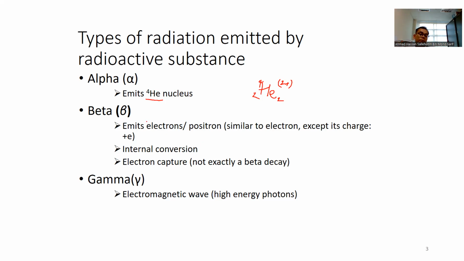Beta decay can emit an electron or a positron. A positron is exactly an electron, but positively charged. So beta decay can result in the emission of an electron, or the emission of a positron, and then you will see electron capture.